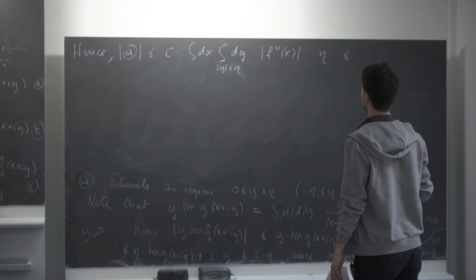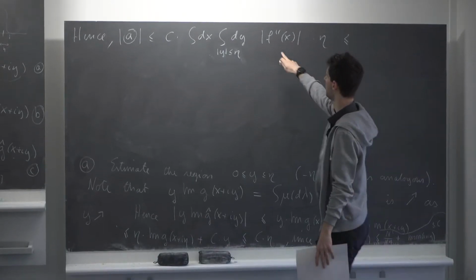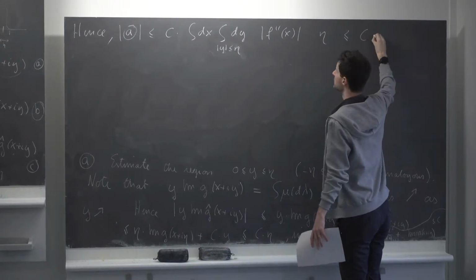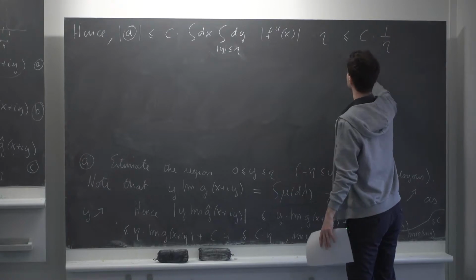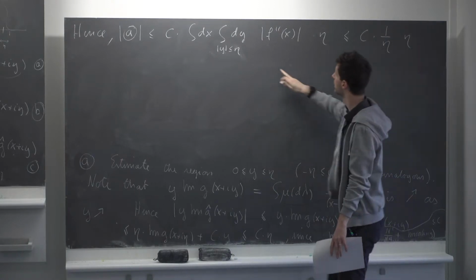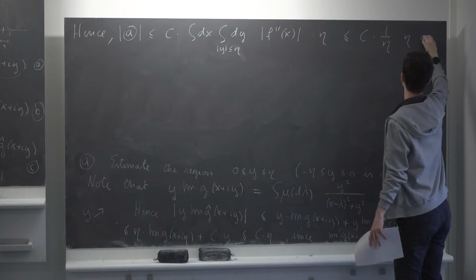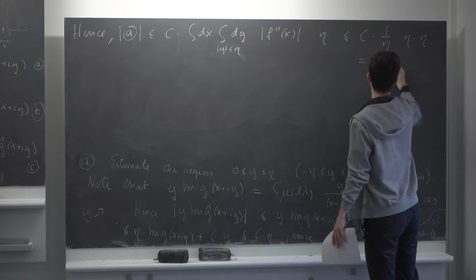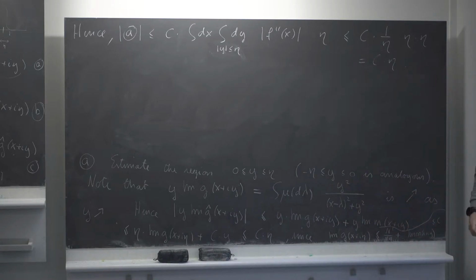So if you recall, the integral over f double prime gives 1 over eta. So this gives me a c, 1 over eta, then I have this eta, and the integral over y gives me another eta. So this is all equal to c times eta, which is what we wanted.